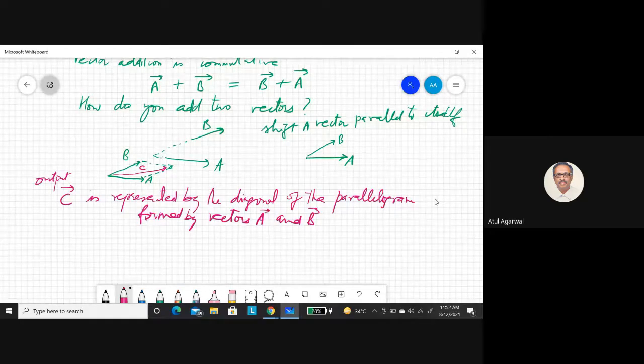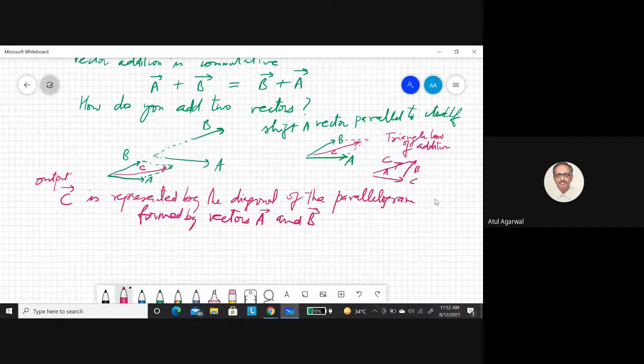Had you done like this, again you can do a summation using the parallelogram law of addition, or you can use the triangle law of addition. In the triangle law of addition, you have got vector A. You put vector B where your vector A ends, and then you say this is your triangle law.